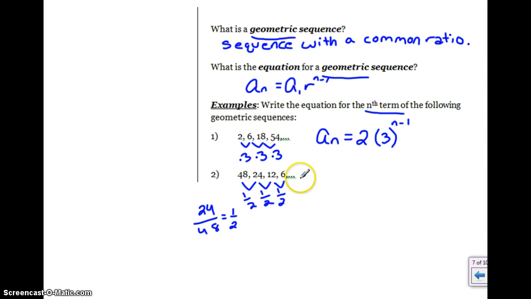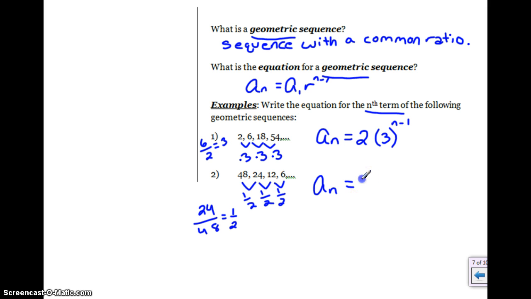So my common ratio, r, is 1/2, whereas here, if I took 6 divided by 2, the second number divided by the first one, I would get 3, which is what my common ratio was here. Okay, so to write my formula, whatever n I want to find, let's say I want to find the 10th term, right? If n was 10, then I would use 10 there.